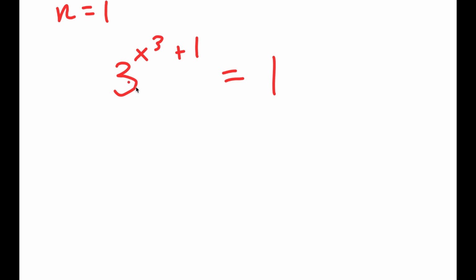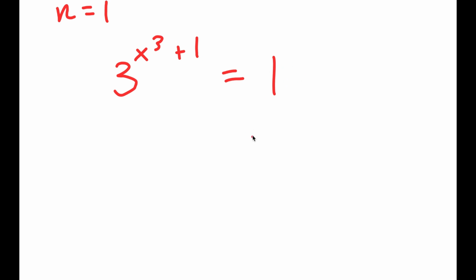Now, to solve an equation like this, we need two bases that are the same. And in this case, we have a base of 3 and a base of 1, which are not the same. So we want to change either one of these to match the other base. Well, 1 to the power of anything is just 1, so we can't really change 3 to be a base of 1.